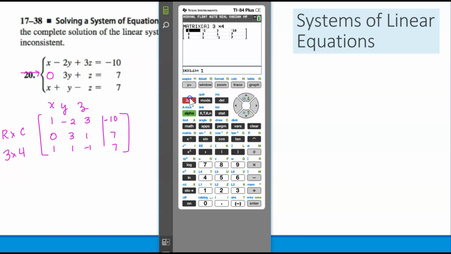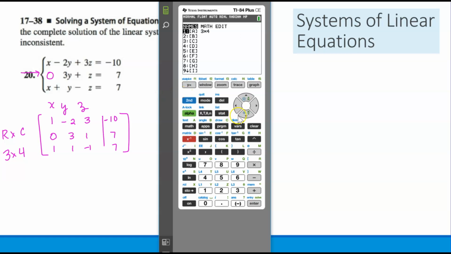So we're going to hit second quit. That takes us to the home screen. Second matrix. We put everything in A, so I'm just going to hit enter twice. That allows A to be brought up, and then I can do a visual check. Did I do everything okay? Did I put in the entries right? Looks good.